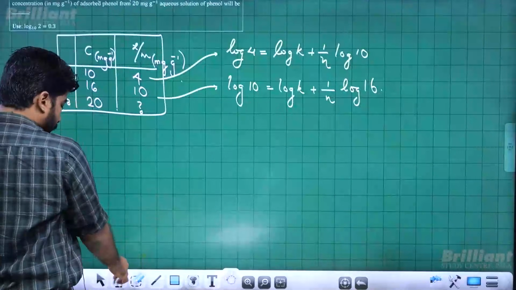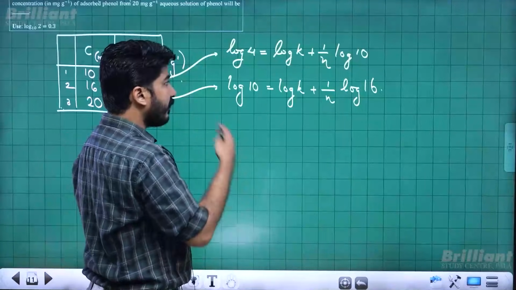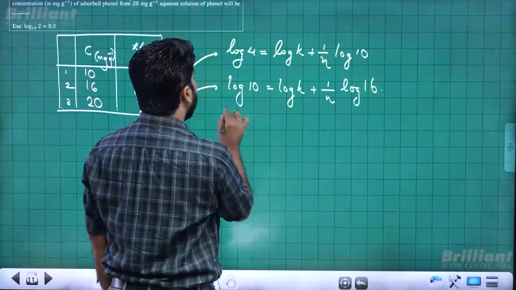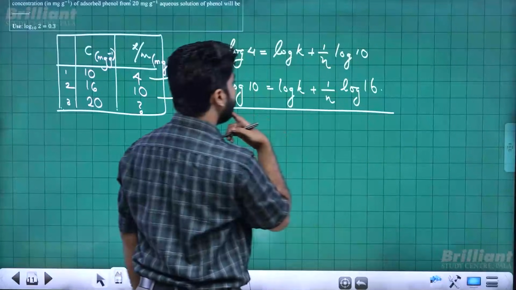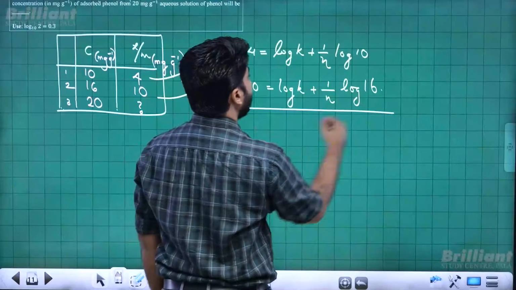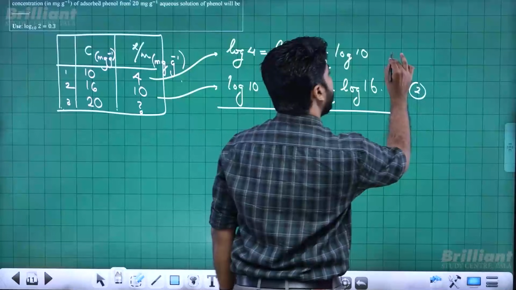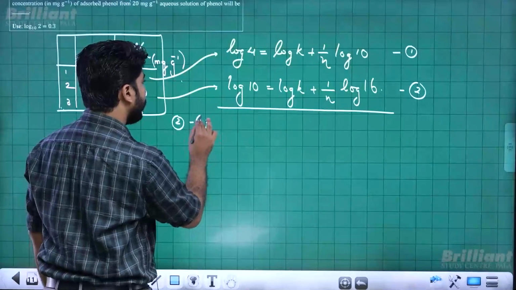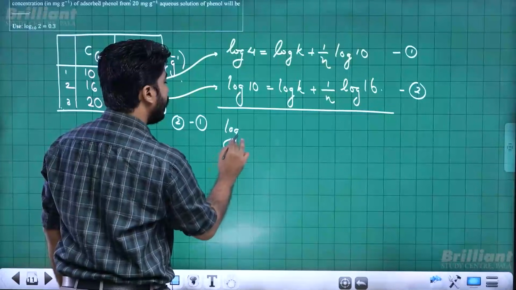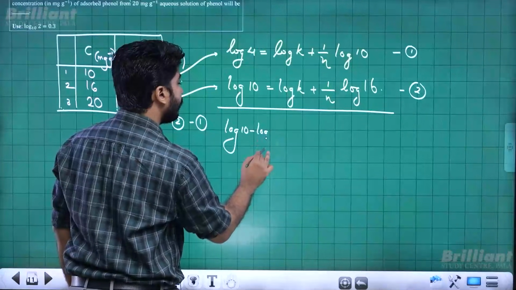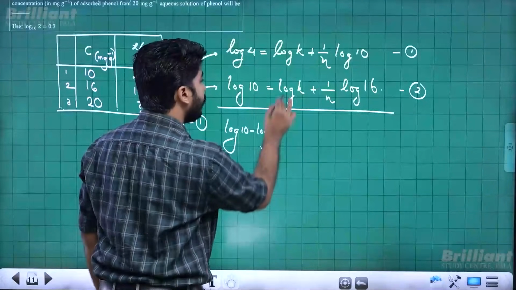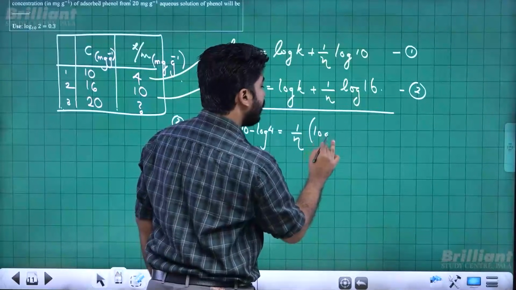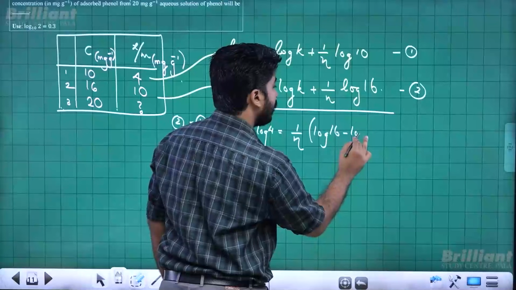If we solve these two equations, we can get the value of N, because log K is common here, and if we take a difference of these two, that term will cancel out. Let's call this equation 2 and that equation 1. If we do equation 2 minus equation 1, we get log 10 minus log 4 is equal to 1 by N log 16 minus log 10.